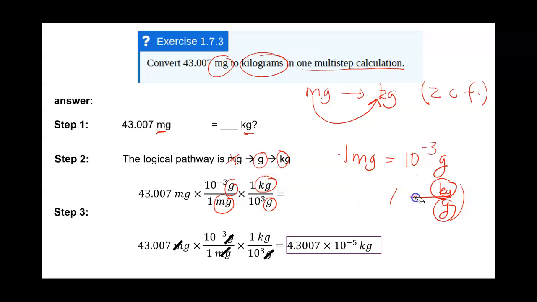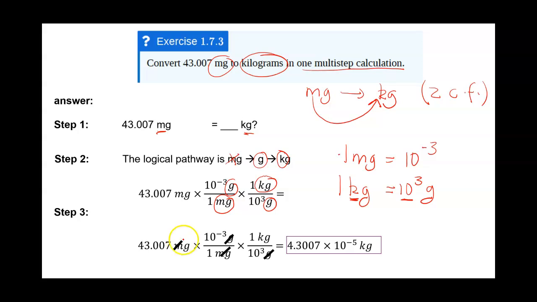And so now I have to remember, how are grams and kilograms related? And I know that in 1 kilogram there are 10 to the 3 grams, because kilo means 10 to the 3. So it looks like I've got my conversion factors all set up correctly.